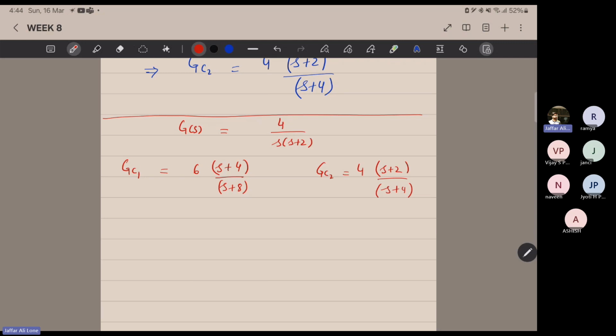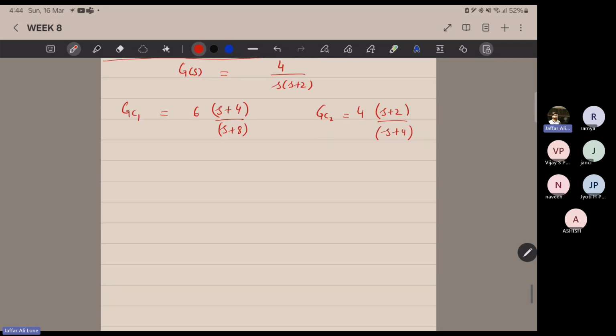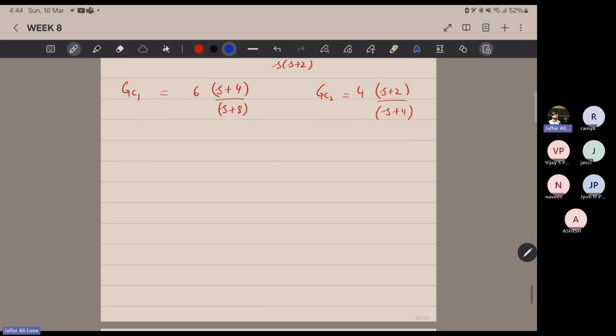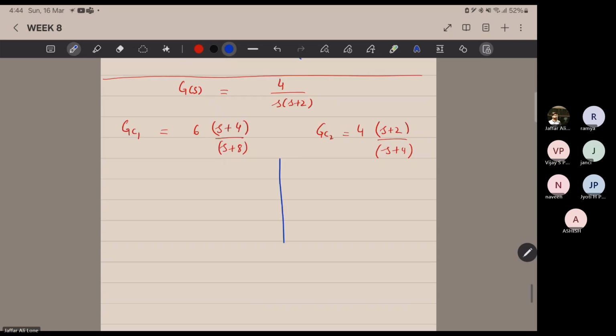We already know the root locus of our initial transfer function G of S. Let's again do it for completeness. I'll just draw it arbitrarily this time. So one pole is at 0, other pole is at -2, and my desired pole is somewhere here, but my root locus is this, right? And this was my desired pole.